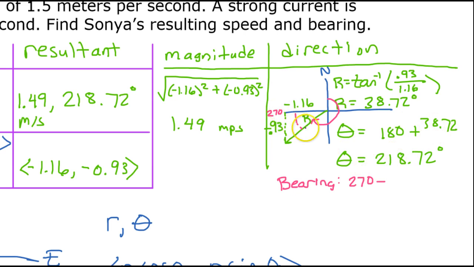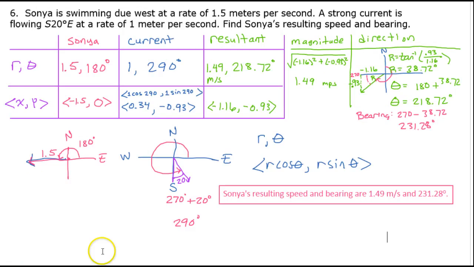So 270 minus the 38.72, and that is 231.28 degrees. That's the bearing. So, time to make our summary statement and then we'll be done. So the final answer is Sonia's resulting speed and bearing are 1.49 meters per second and 231.28 degrees.